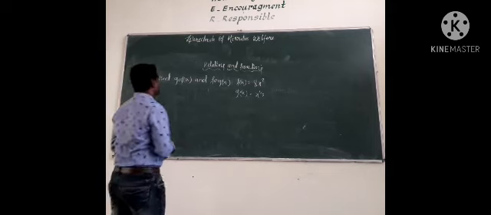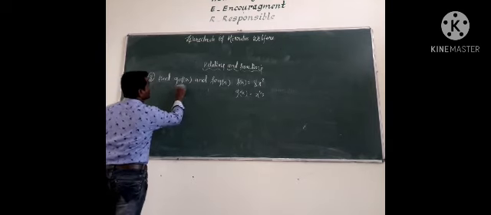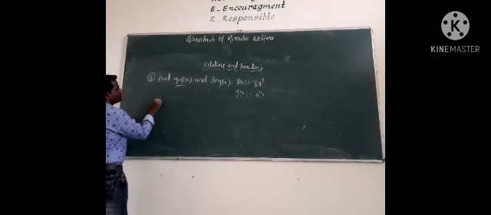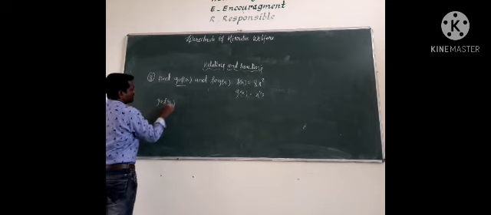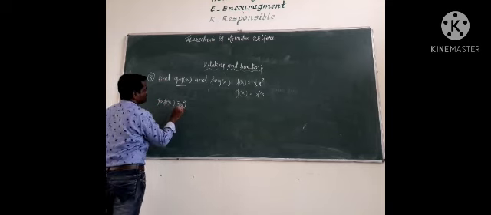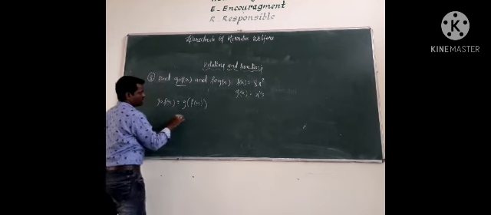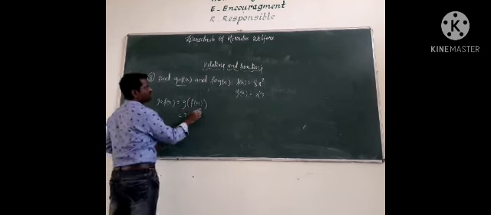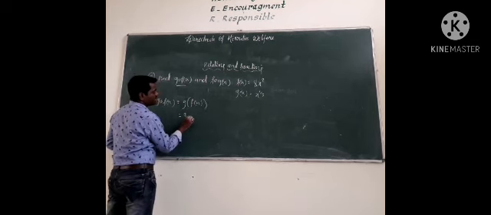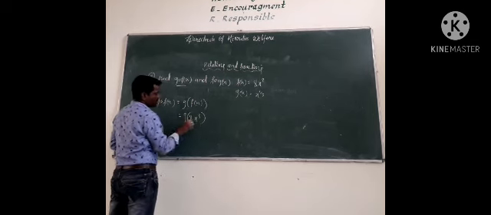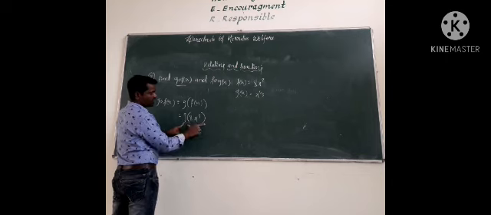Now, first one, g o f of x equal to g of f of x. G of f of x means g of 8x cube. Now it becomes g of x.